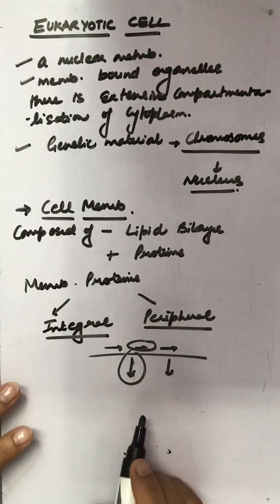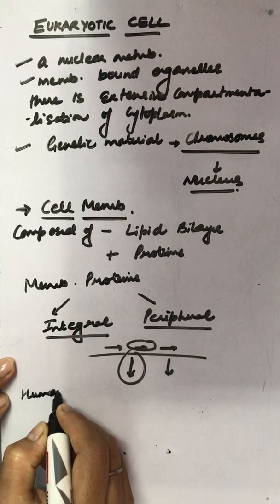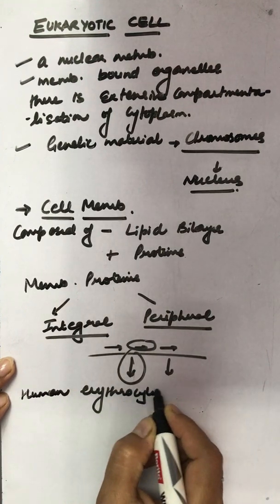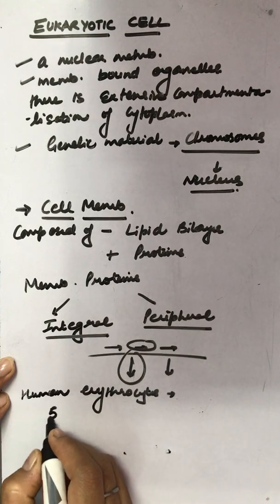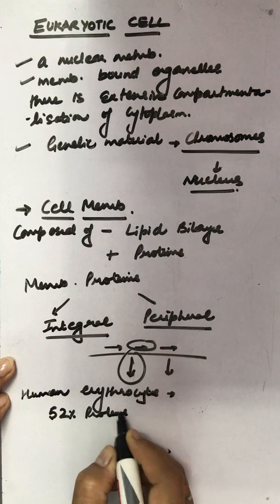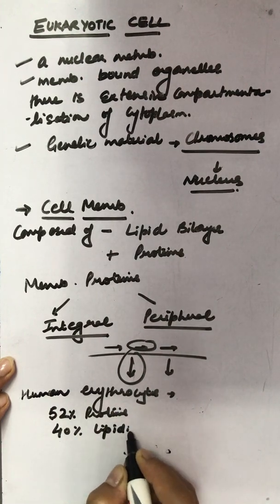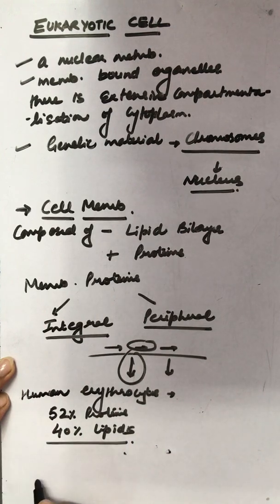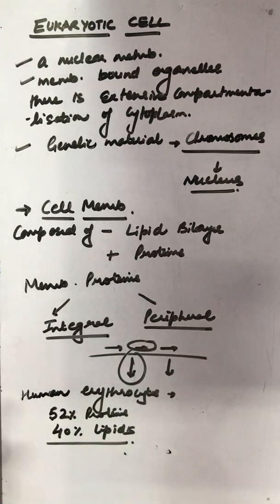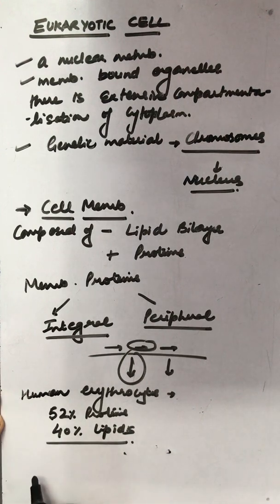Then we see the membrane of human erythrocyte, that means human RBCs, has 52% of proteins and 40% lipids. That is the composition. Then we see the model. This model of a cell membrane is proposed by Singer and Nicholson, and it is a widely accepted model.